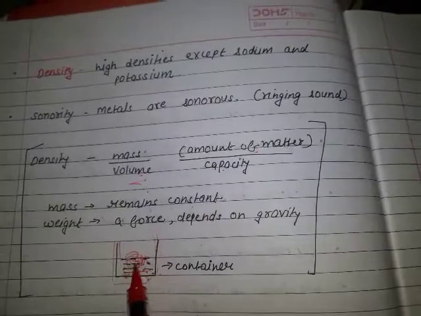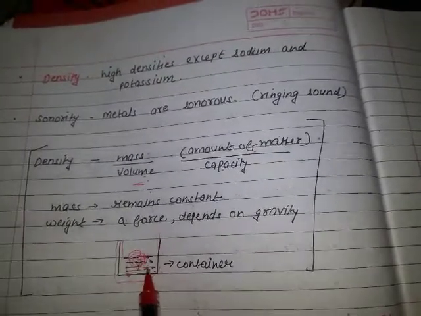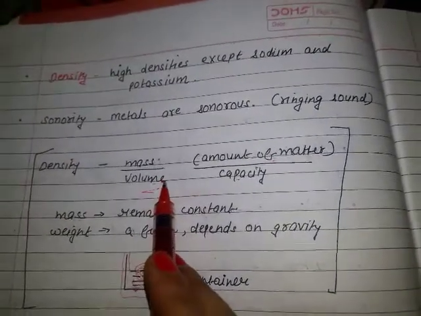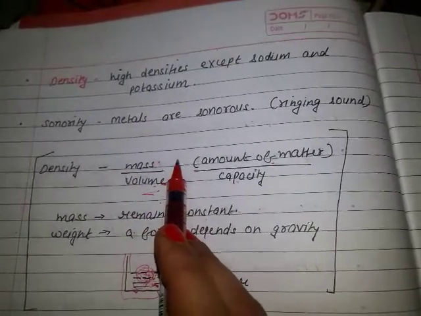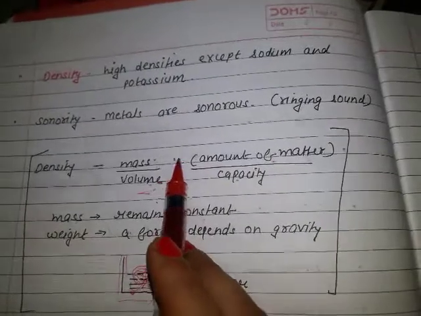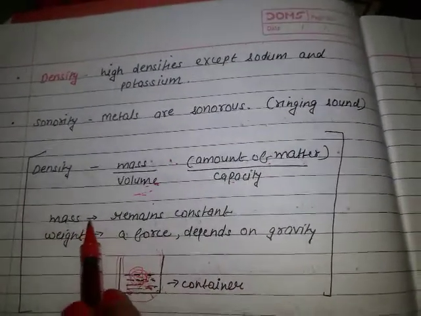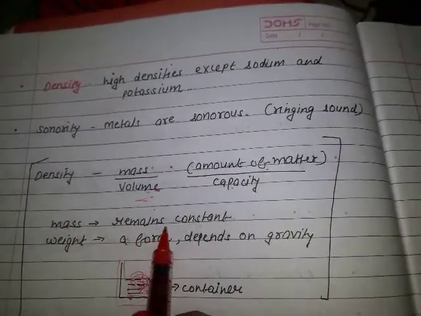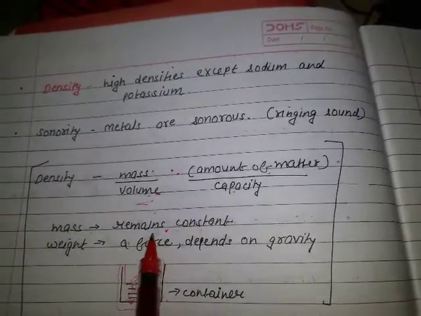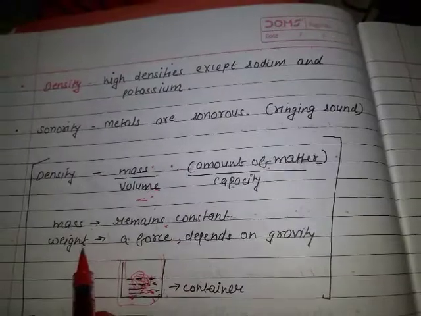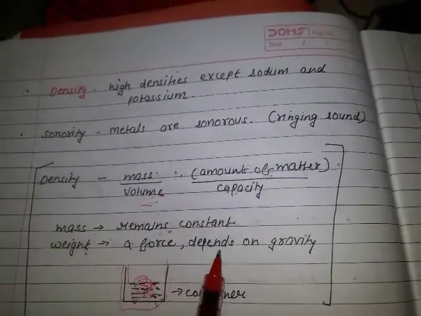That is the volume. Now some people believe that mass and weight both are same, but actually it is not. Mass of your body always remains constant, whether you are on the earth or in the universe. But weight is a force. It depends upon gravity.